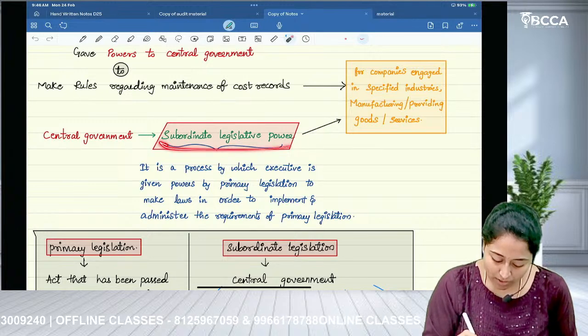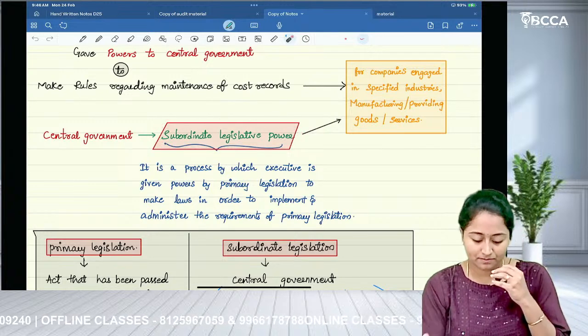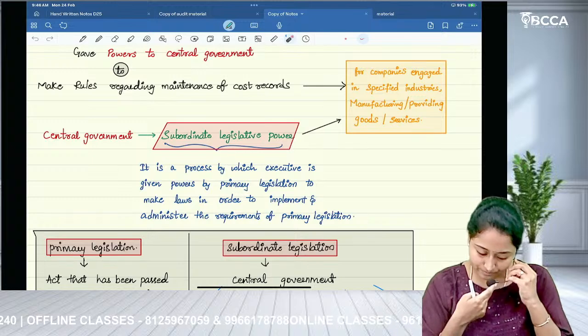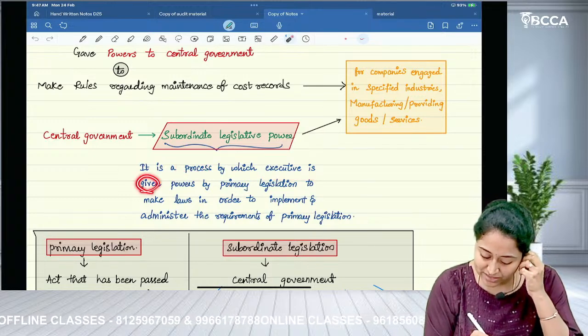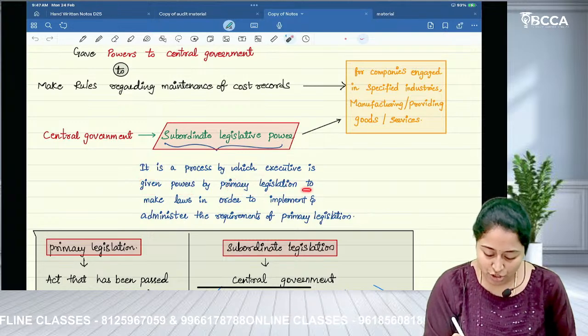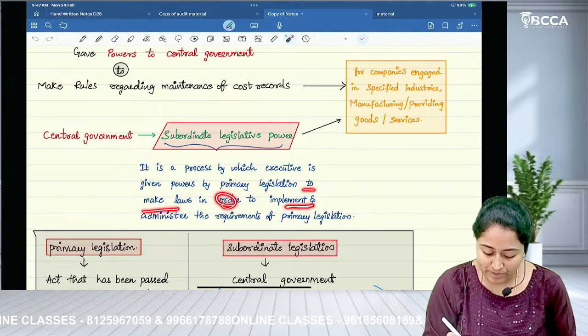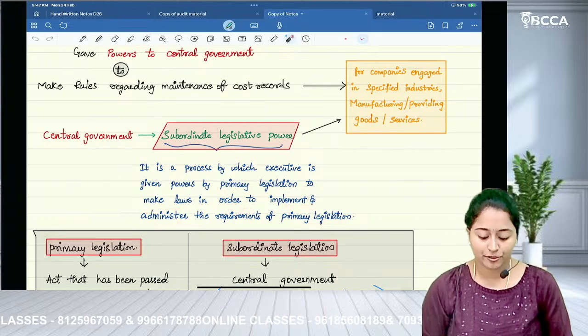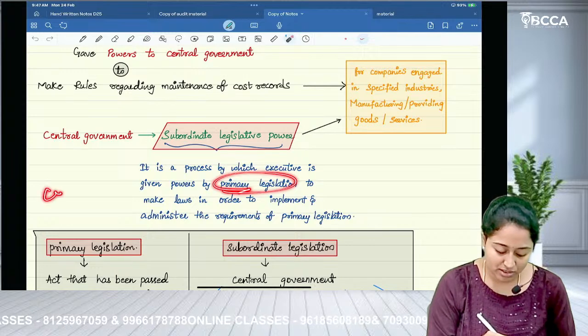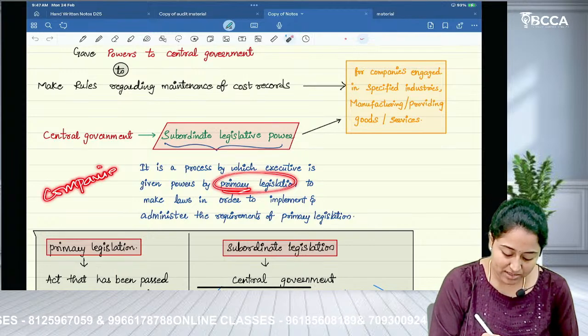Now, what is the subordinate legislation power? It is the process by which the executive is given power by primary legislation to make laws in order to implement and administer the requirements of primary legislation. Who is this primary legislation? Companies Act, isn't it?